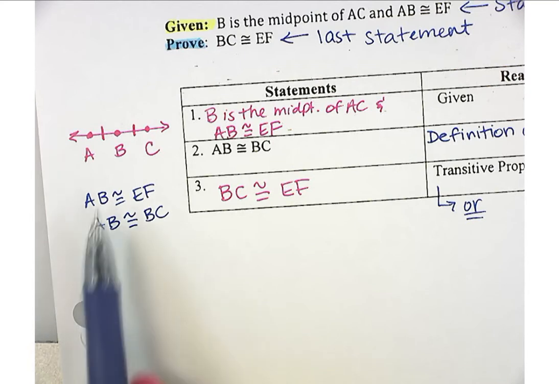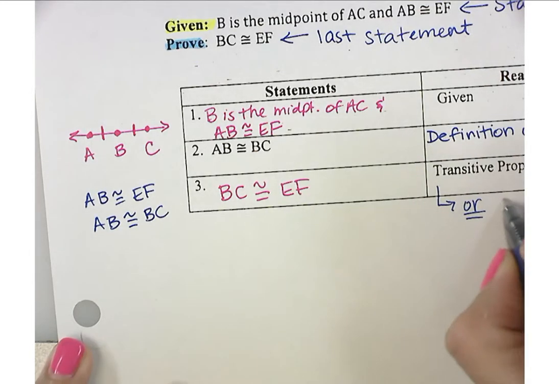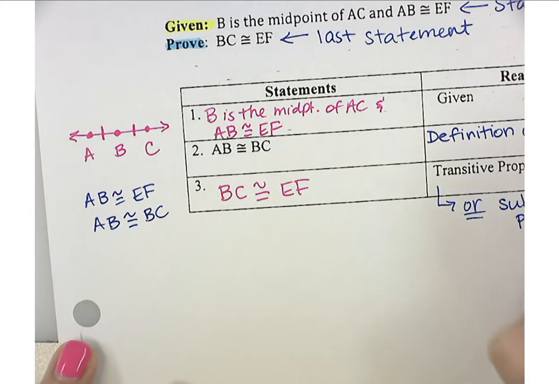Really, what am I doing here? I have two different statements and I'm doing what? Yeah, substitution, right? You can plug one into the other one. So instead of the transitive property, you could also use the substitution property.